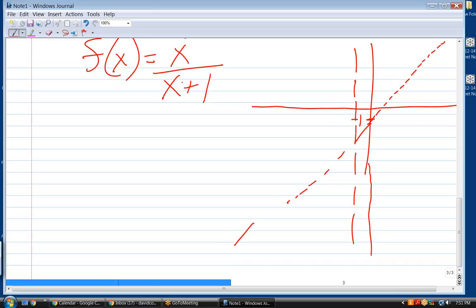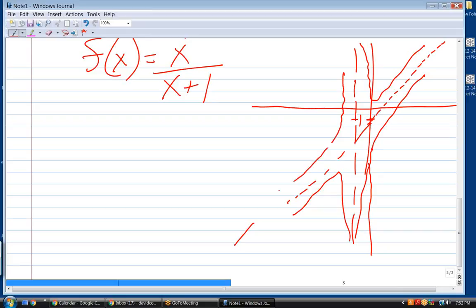Usually, these things are going to look like this. I know that my curves have to fall in like that and like this, or they could be in these quadrants. It may be the curve looks like this and this.